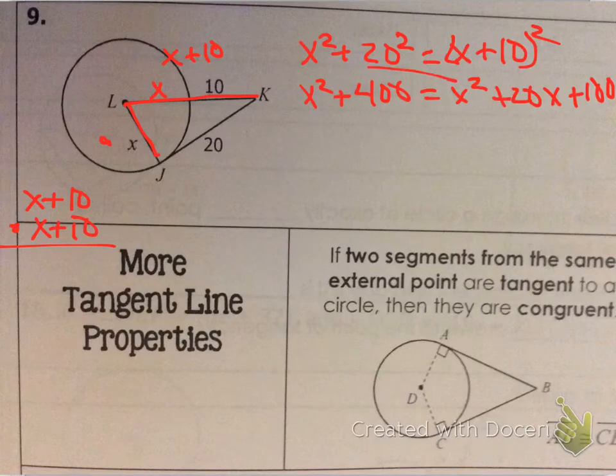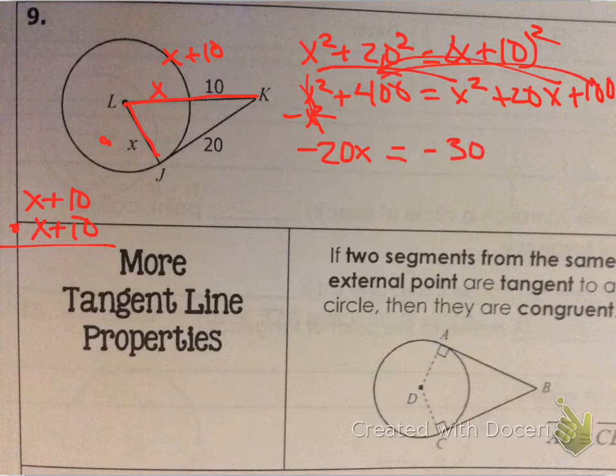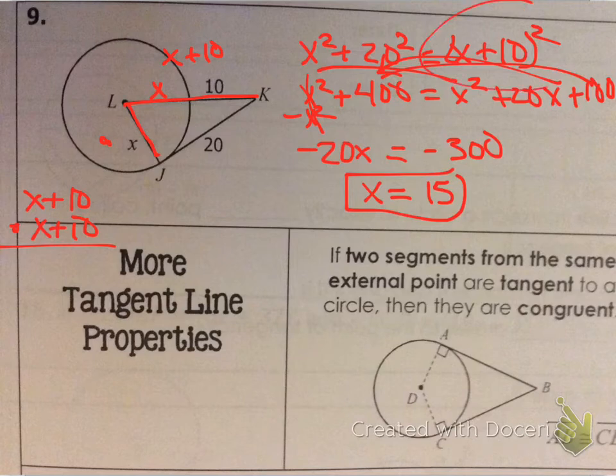Anyways, if you move the variables to the left, numbers to the right, these x squares would cancel each other out. I would be left with negative 20x, because I'm moving this over here also. And over here, I'd be left with negative 300. So when I divide, I get 15. It looks like it would be a lot harder than it is, but you get the idea. There's a certain setup that makes it a little more difficult. Anyways, not too bad, but there you go.